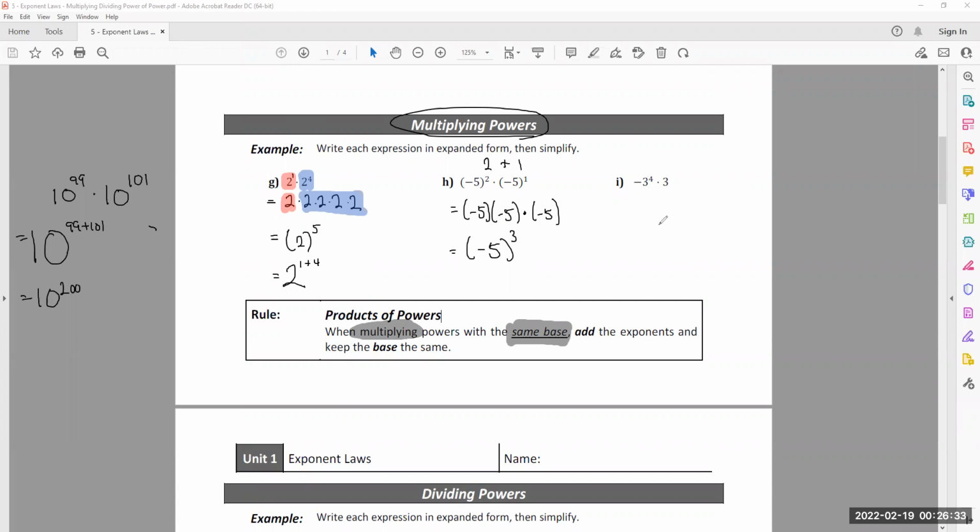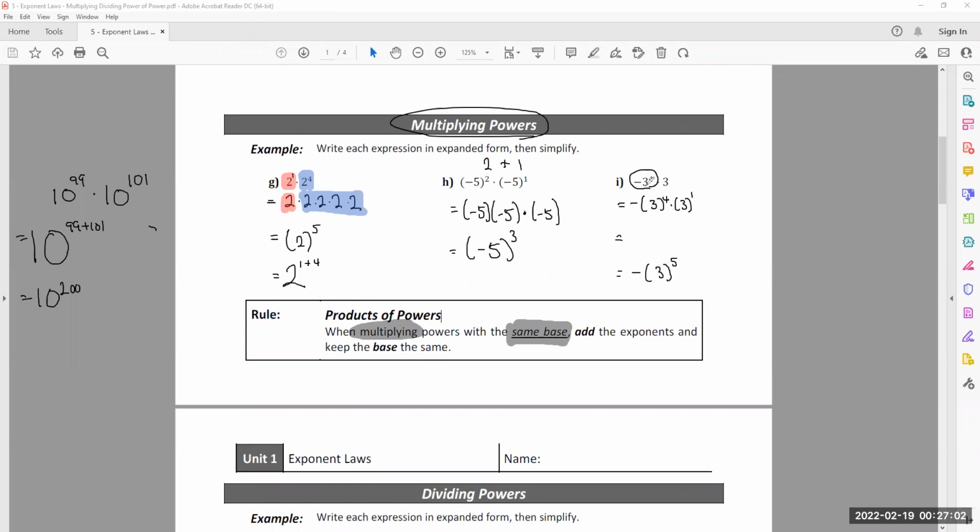And here comes the tricky one. Remember, I am going to rewrite this as a negative 3 to the power of 4 times 3 to the power of 1. Don't be tripped up. You can still use exponent laws. The final answer is, going once, going twice, 3 to the power of 4 plus 1, it's negative 3 to the power of 5.